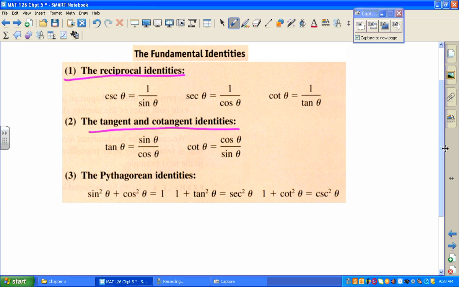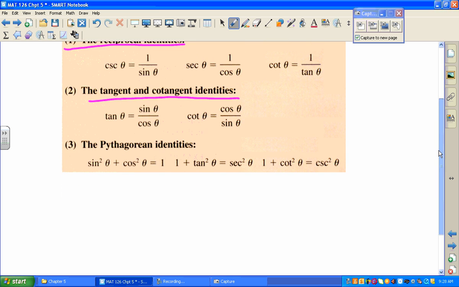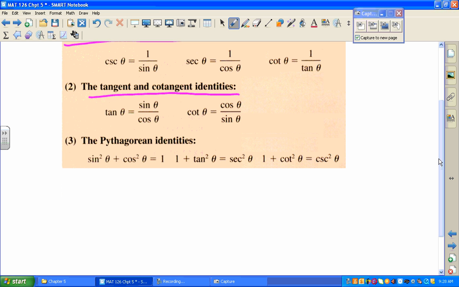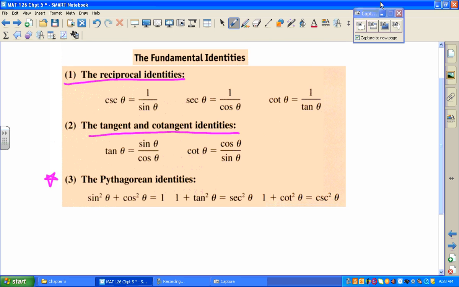Now, the big 3 in terms of Pythagorean identities. These are crucial. Very crucial. I want you to know something about identities. I could ask you a question right now, but you wouldn't know the answer. Instead, somebody would think they know the answer, but they would be wrong.